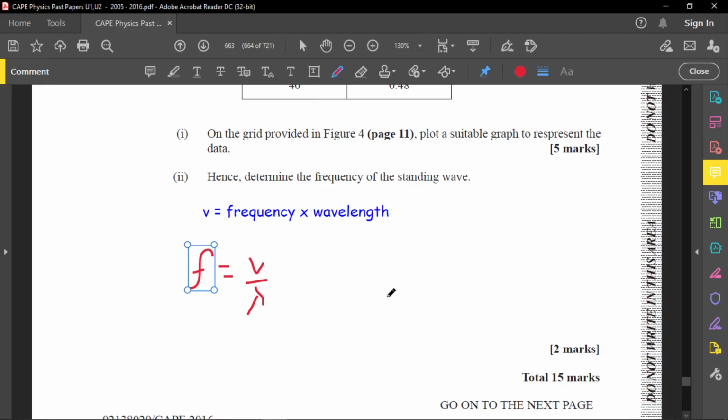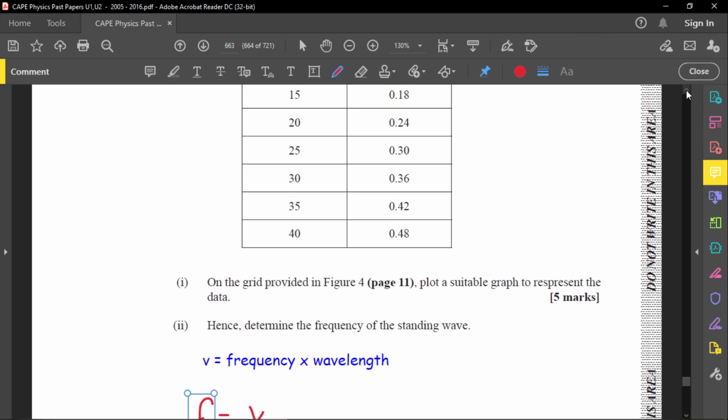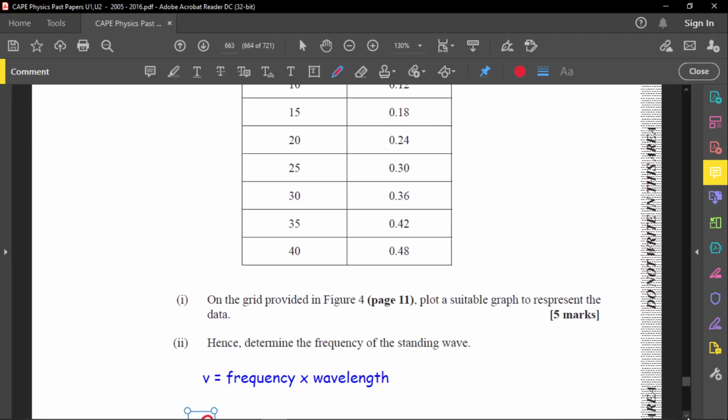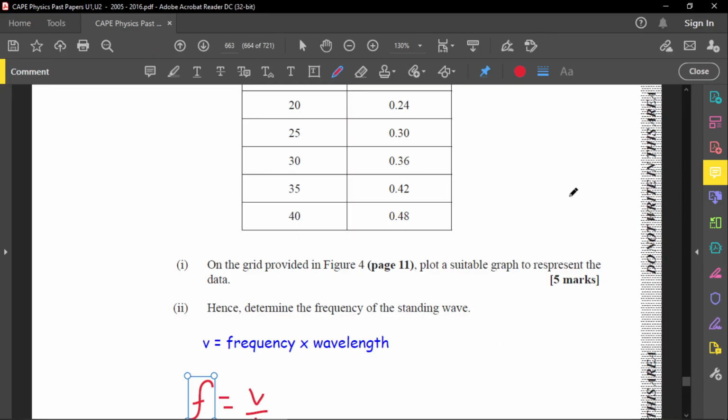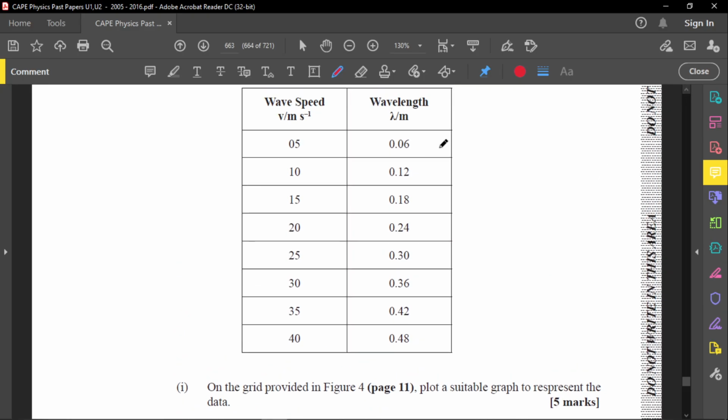If you go to the graph, you can use the longest point to calculate the change in wavelength. I'm going to use both the graph and these numbers.